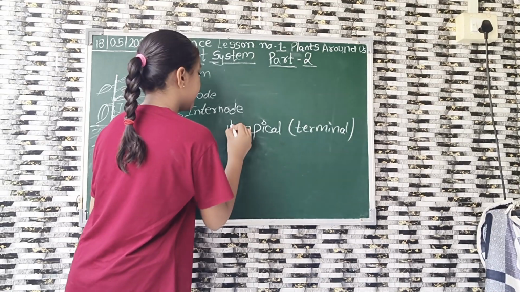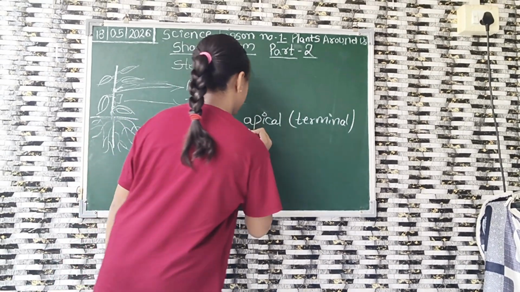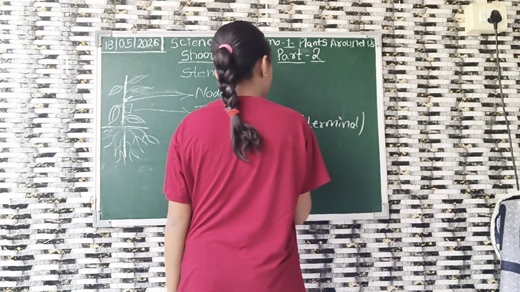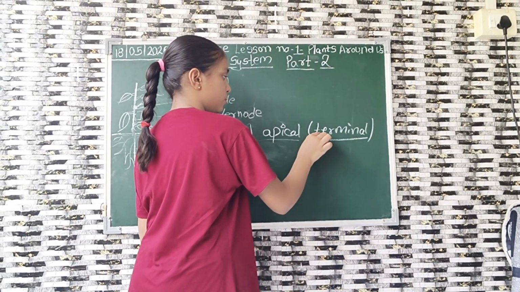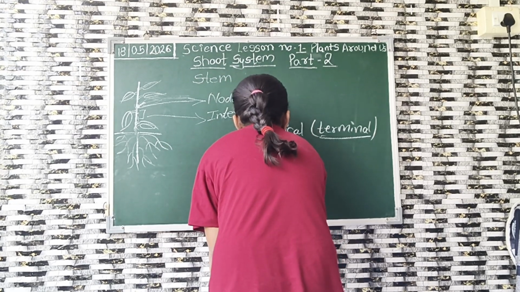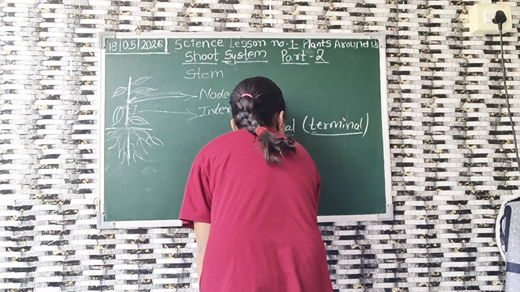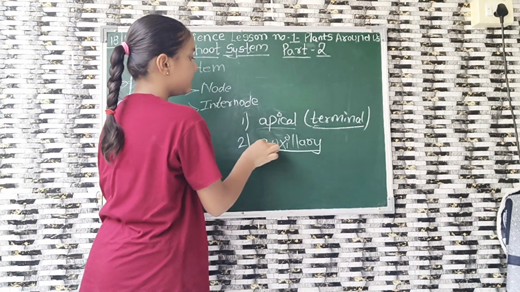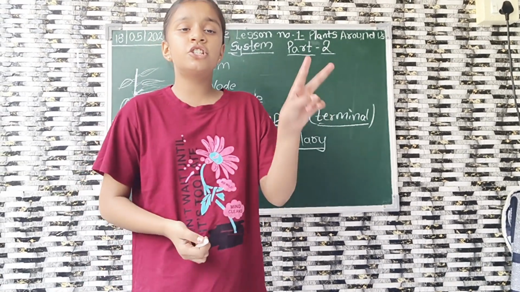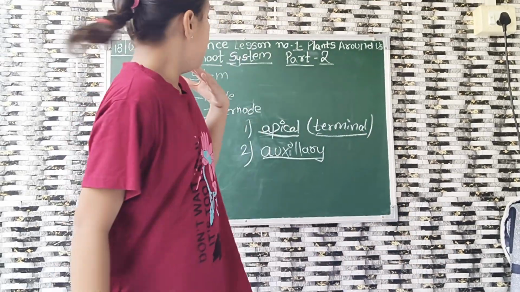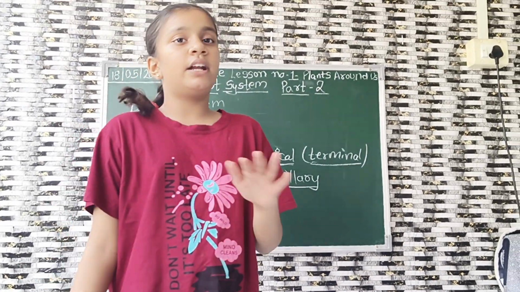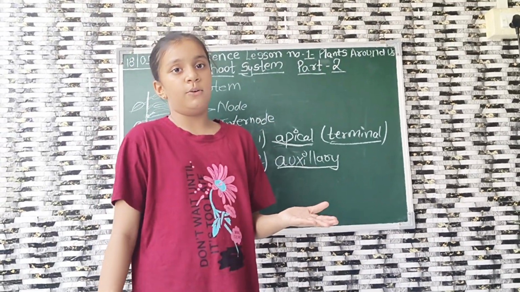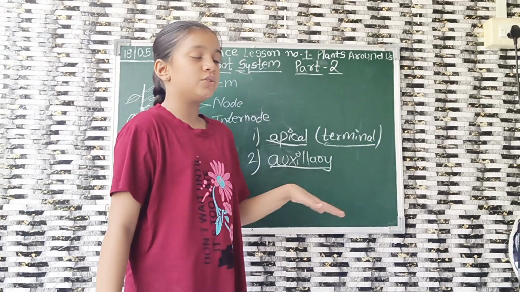And the second is axillary. These two types of buds are necessary in a plant. Without them, it cannot grow properly, and the growth of the plant is not suitable.